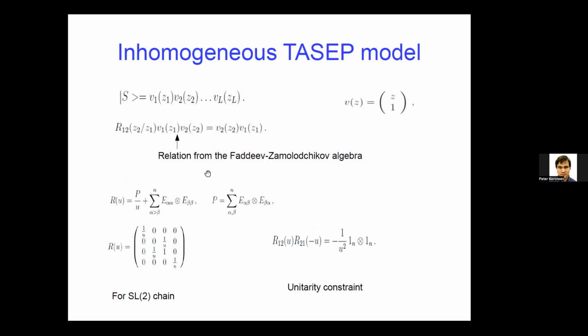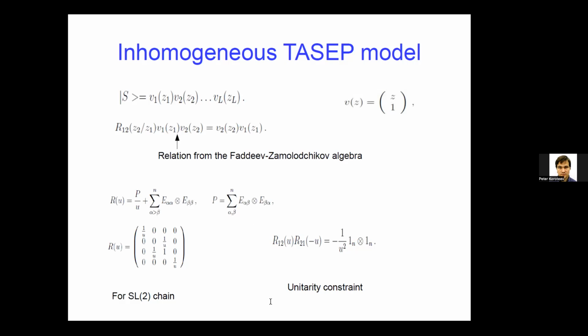For the inhomogeneous TASEP, the R matrix is quite simple, so we can write it down in the following form. However, there are some specifics when we consider the R matrix in a stochastic model. It is related to the so-called unitarity constraint. Since we are dealing with probability, it's necessary to keep the normalization, or in other terms, the unitarity of evolution.